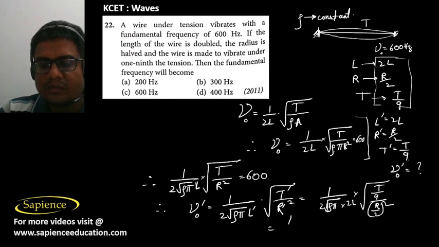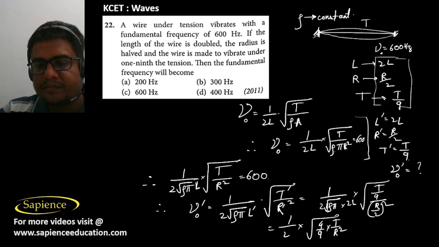So this will be 1 by 2 into root over 4 by 9 T by R square into 1 by 2 root rho pi L. So this will be 2 by 3.